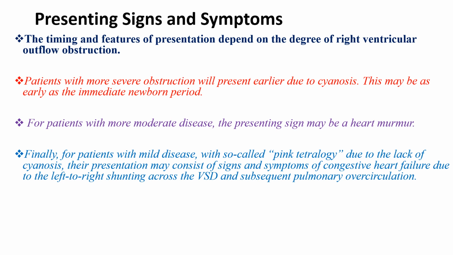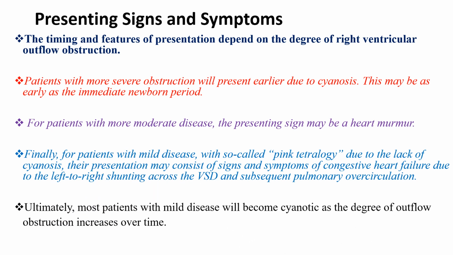Finally, for patients with mild disease, the so-called pink tetralogy, due to the lack of cyanosis, their presentation may consist of signs and symptoms of congestive heart failure due to the left to right shunting across the VSD and the subsequent pulmonary overcirculation. Ultimately, in those with pink tetralogy or mild disease, most patients will become cyanotic as the degree of outflow obstruction increases over time.